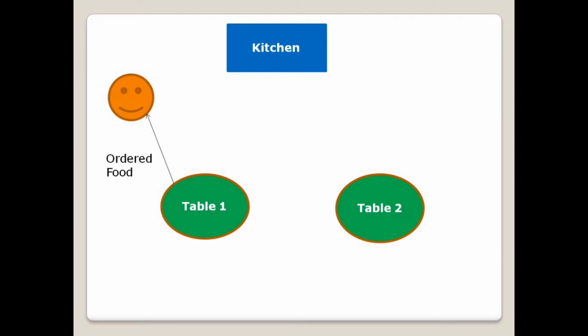Here, once the waiter reaches the kitchen and tells the chef that this food needs to be prepared, the waiter doesn't do anything. Previously, in the asynchronous process, the waiter served other tables while your food was being prepared, but here the waiter sits idle, waiting for your food to be prepared. Once it's prepared, the waiter serves you, and only then moves to another table, table 2.